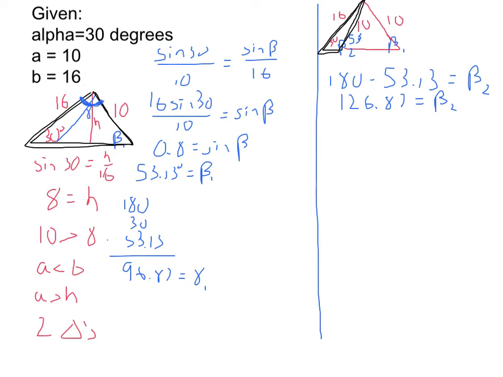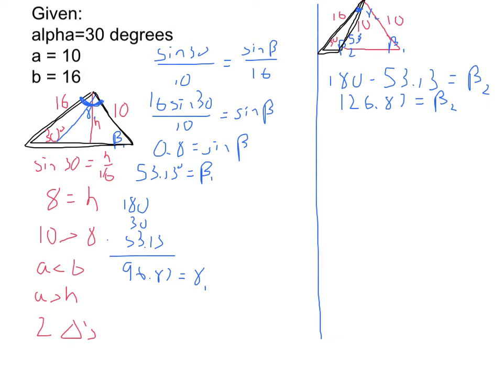That's going to be gamma 1. Same thing over here, but now we're going to find gamma 2, this little tiny guy right here, up in the top right. That'll be gamma 2.